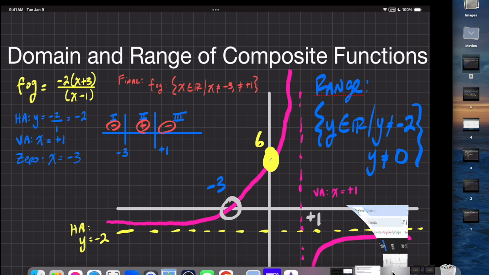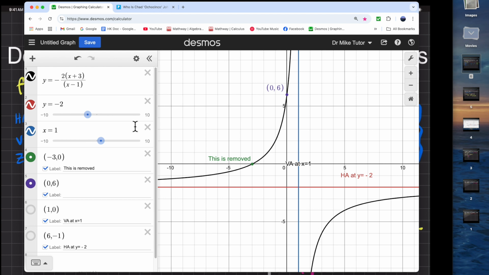And real quickly, let's go to Desmos and take a look at what we have here. I've graphed the composite function. You see we have a horizontal asymptote at y equals -2, vertical asymptote at x equals +1. There's our y-intercept. Here's our origin here. You have our graph negative in this area.